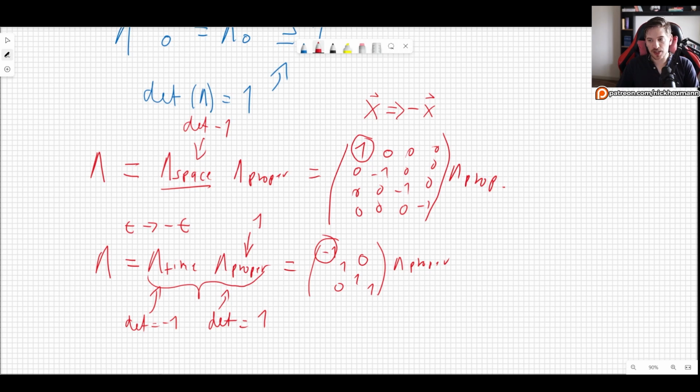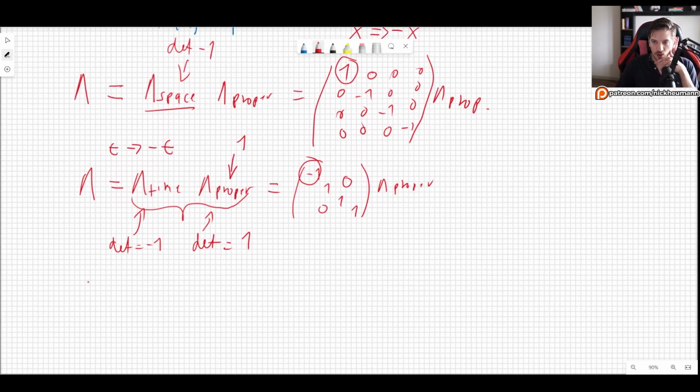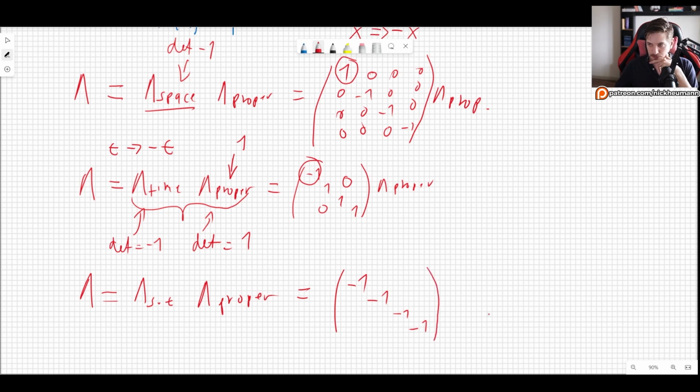And of course, we can go for the combination of these two, where we have inversion in space and time, so where we have our transformation as lambda of space and time times our lambda proper. This would be simply a matrix with minus 1, minus 1, minus 1, minus 1 times lambda proper. So there we combine both of them. Here the determinant would be 1 and lambda 0, 0 would be minus 1.